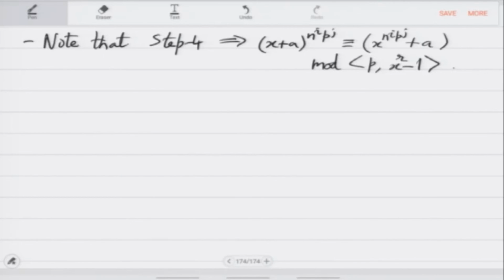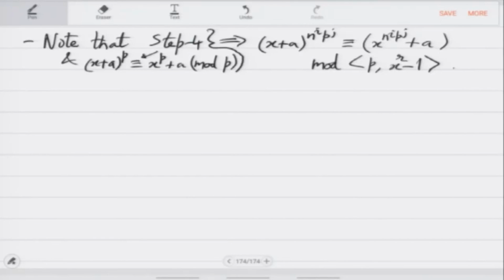So step 4 and the property that (x+a)^p is x^p + a mod p, both these things, right? Step 4 means that (x+a)^n is x^n + a mod n, and so p, x^r − 1.